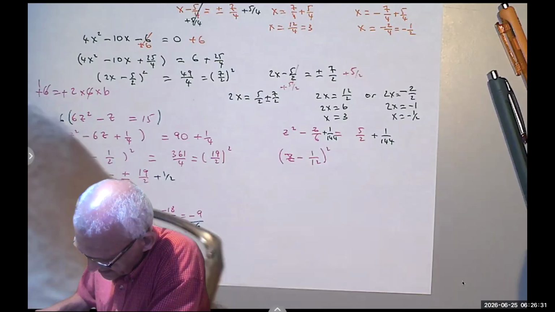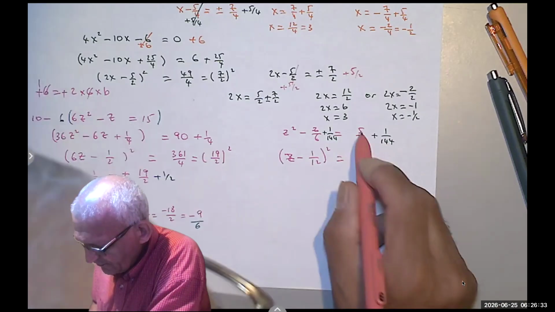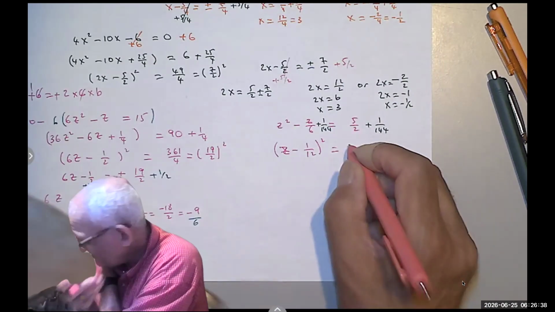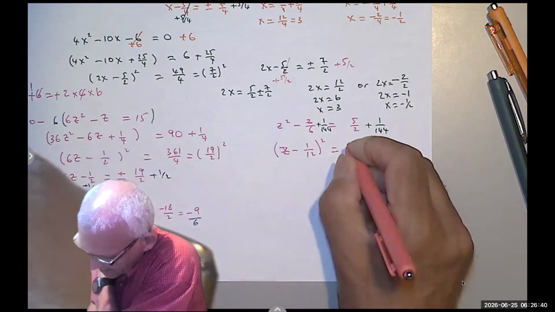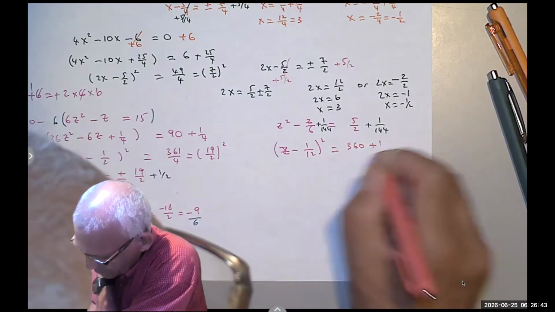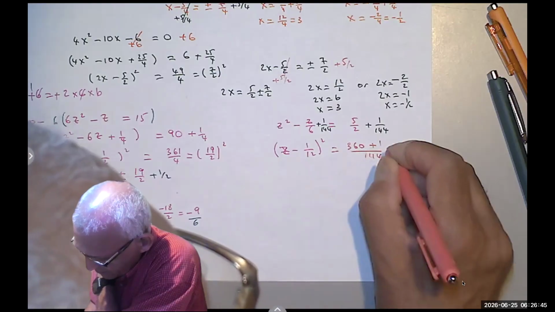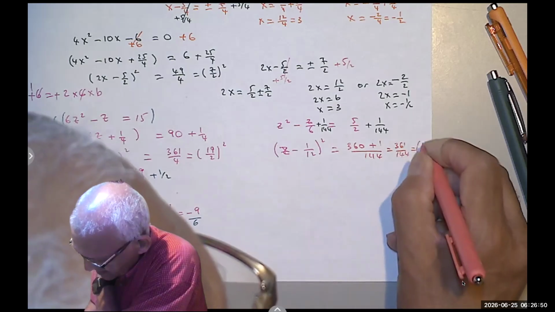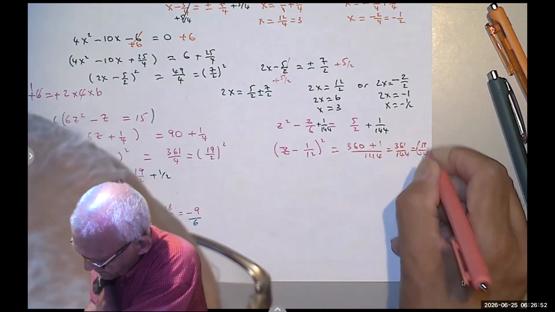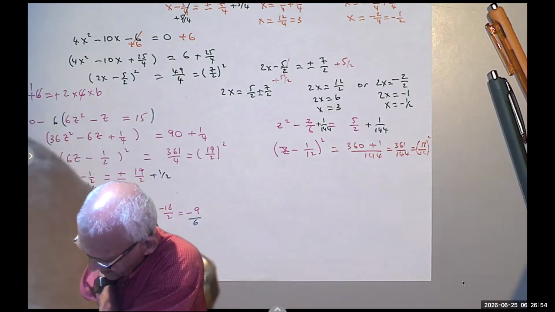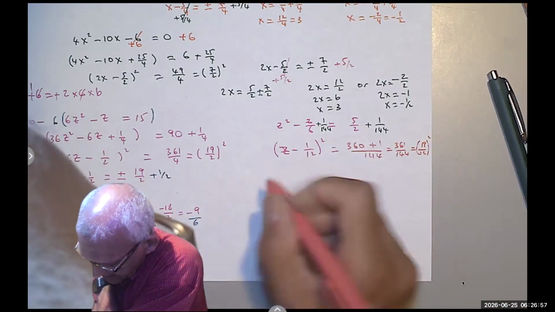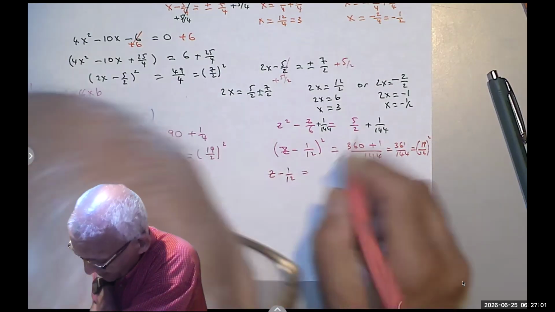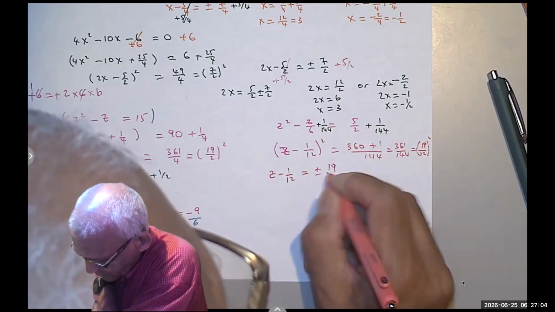And the right-hand side, 5 over 2. So I multiply 5 by 72, right? I will get 360 plus 1 over 144, which is 361 over 144, which is 19 over 12 squared. So when I take the square root, I get z minus 1 over 12 equals plus or minus 19 over 12.